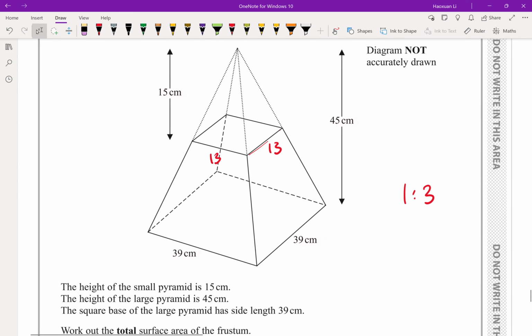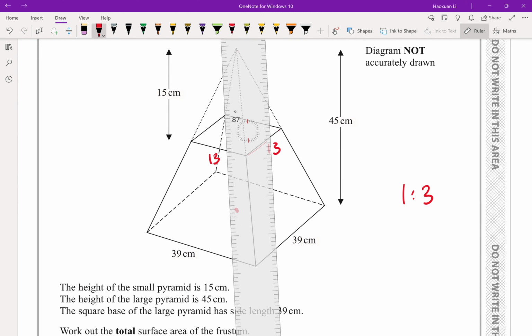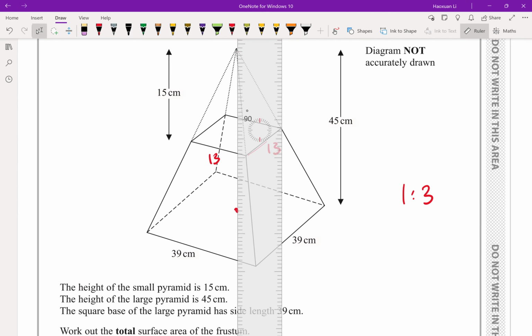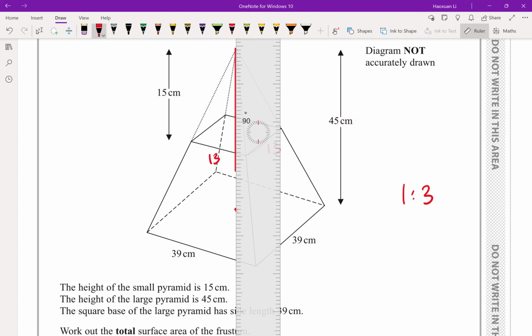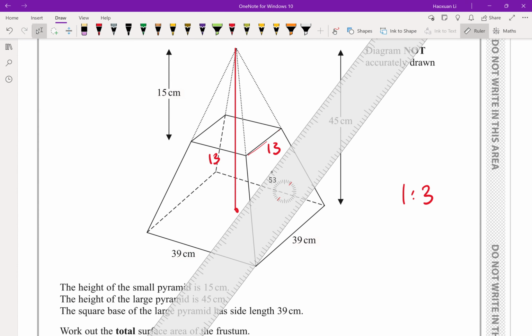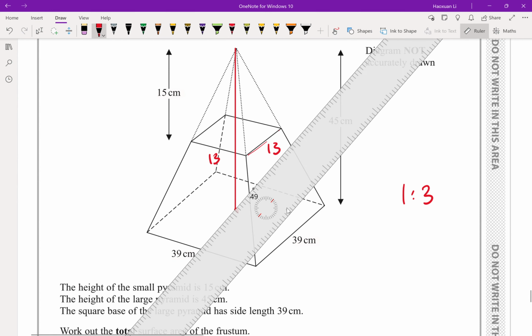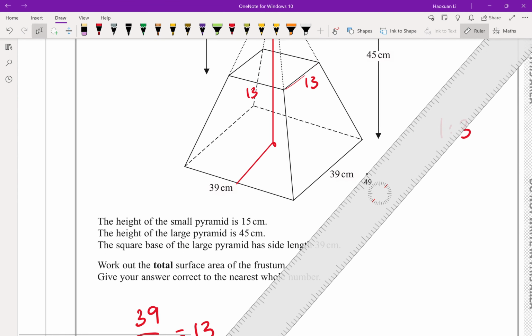Now, if you just draw a straight line through the middle, because later on you need to work out the area of the trapezium, so therefore this should be midway through this.